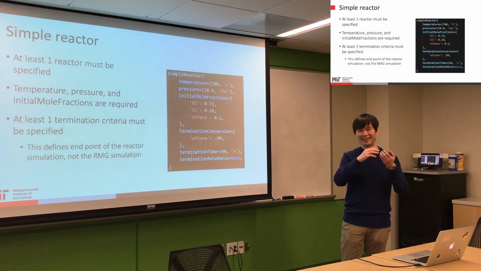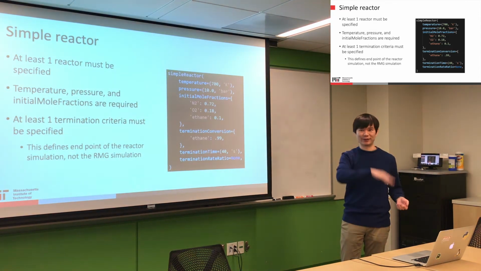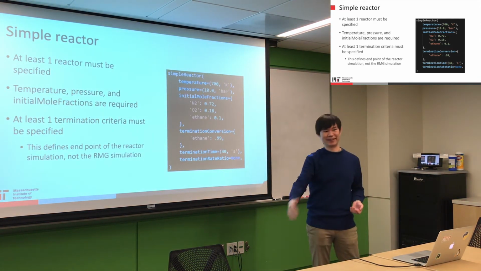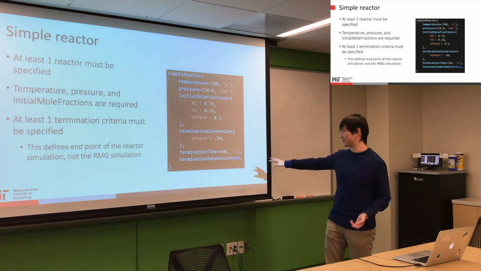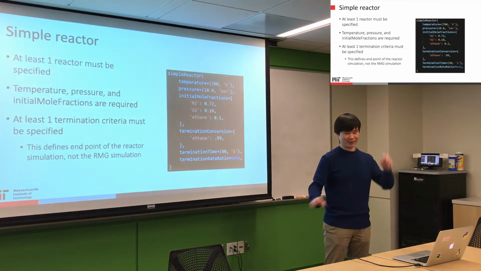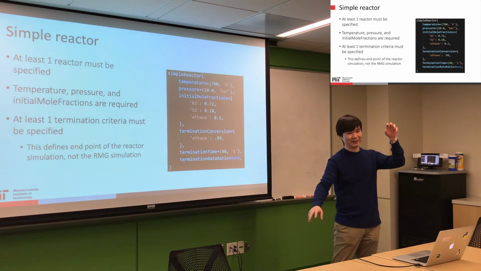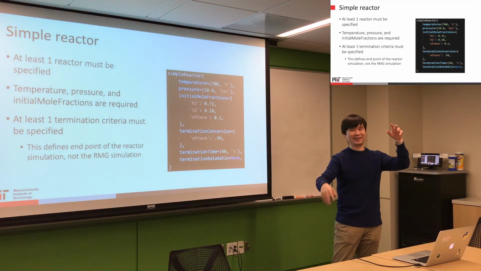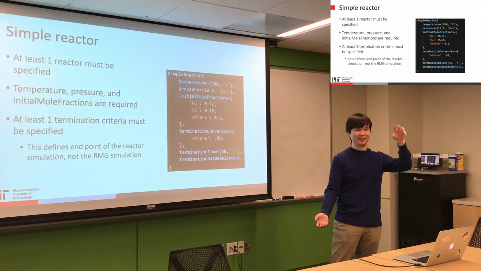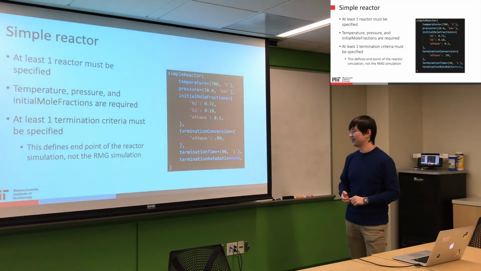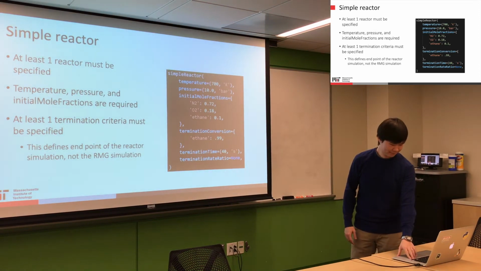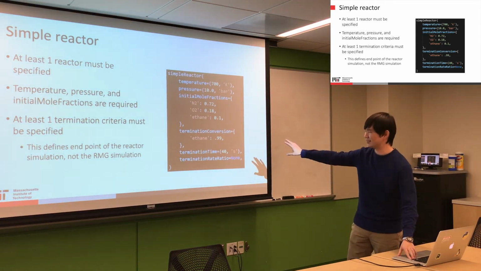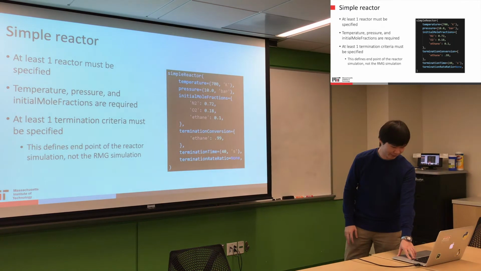Over the course of the simulation, it will go up as things are reacting, and then it will go back down once most reactions are done. This compares that maximum value to your current value, so you can think of it as, once reactivity drops below some threshold relative to the maximum reactivity, you'll stop the simulation. I will talk about these termination criteria a bit more in a moment.